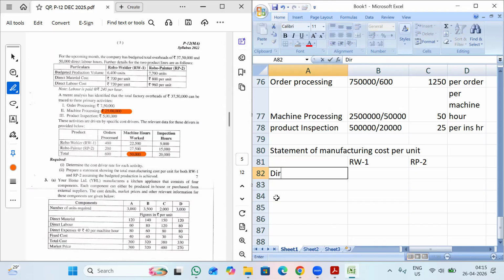So here in two ways you can calculate. Either you can calculate cost per unit directly, or you can calculate the total and after that convert it to cost per unit. So in either way you can calculate that. So here direct material cost.